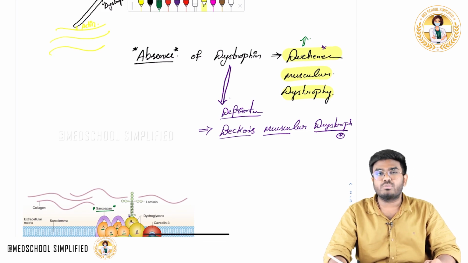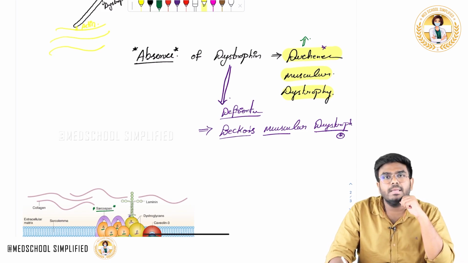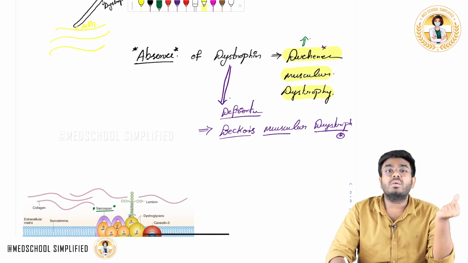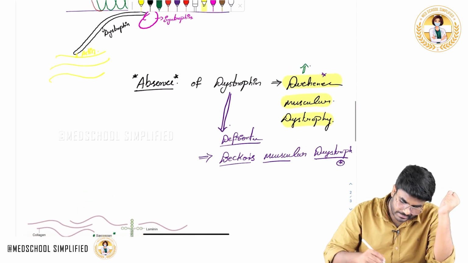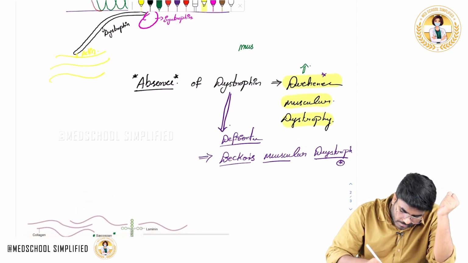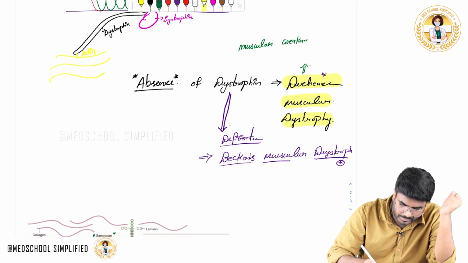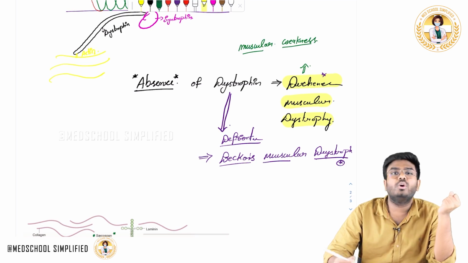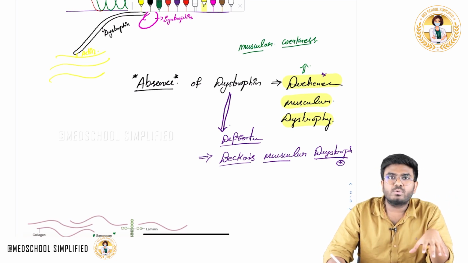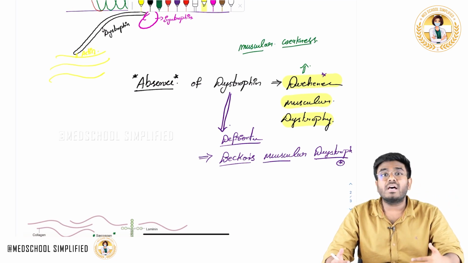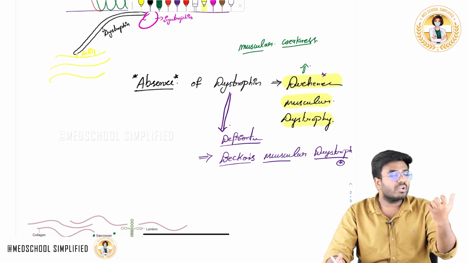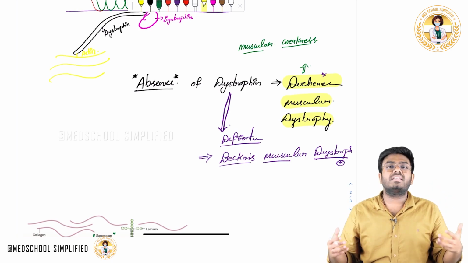If a patient is having Duchenne's muscular dystrophy, imagine there is this child where dystrophin is not present, so the muscles are weak. There will be muscular weakness, seen from childhood onwards. When you ask this person to squat, sit down, and then to stand, because of the muscle weakness, he cannot stand just like a normal person.